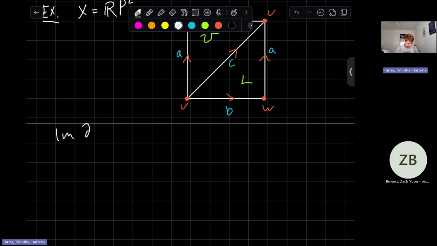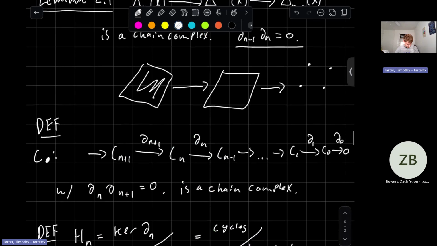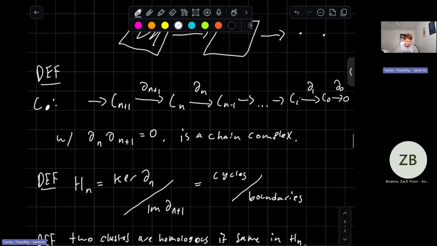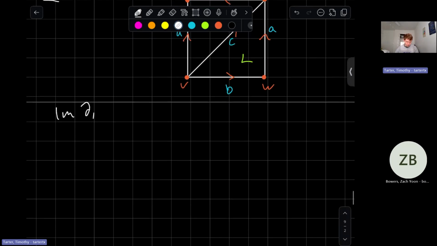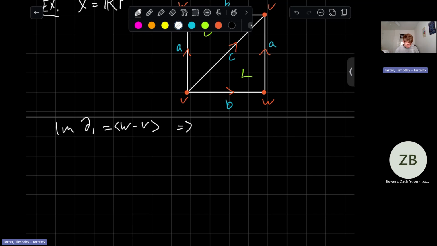Okay, then the image of partial 1, attaching the 1 simplex to the 0 skeleton, is generated by W minus V. And so the kernel mod the image of partial 1: oh, the kernel is going to be the 0 map, right?